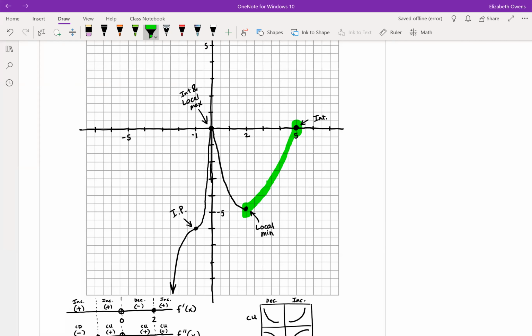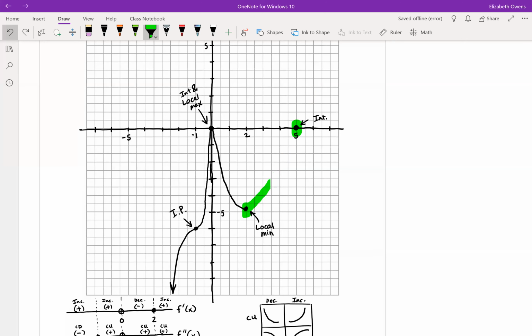And then we also found when we were doing our limits for the horizontal asymptote that there wasn't a horizontal asymptote, but we did find that our function approaches infinity as x approaches infinity, so it's just going to shoot off after that. Okay. So that part in highlighter is basically what we're going to sketch in for the rest of this function.